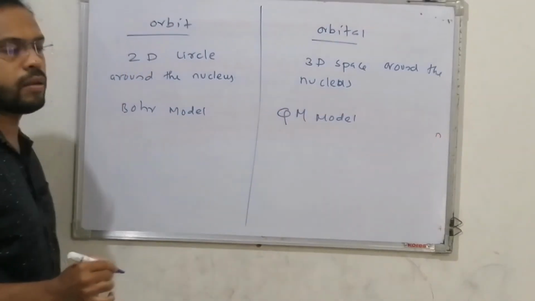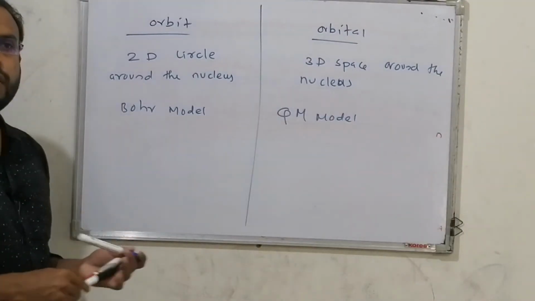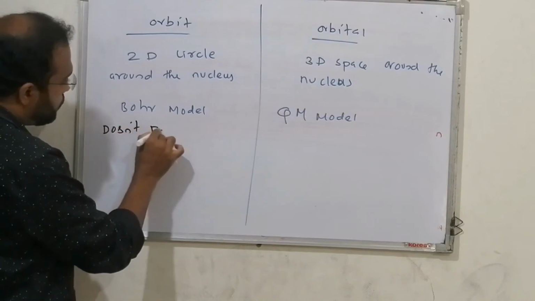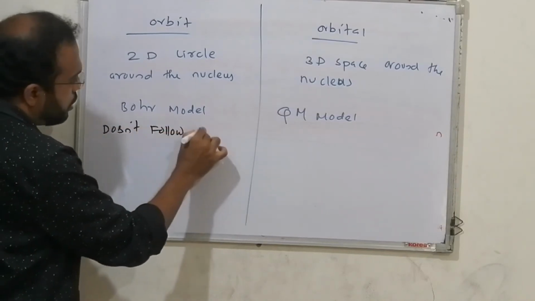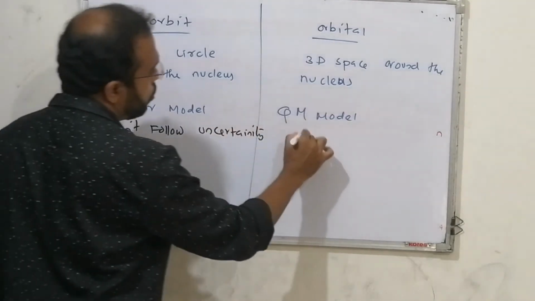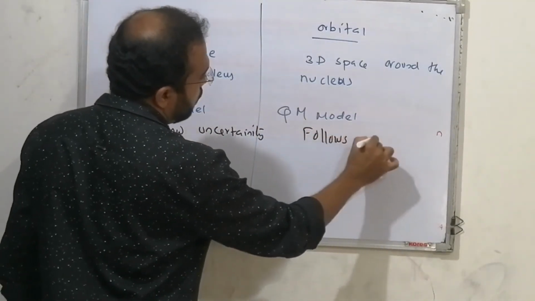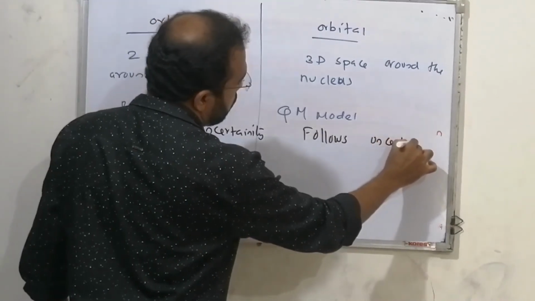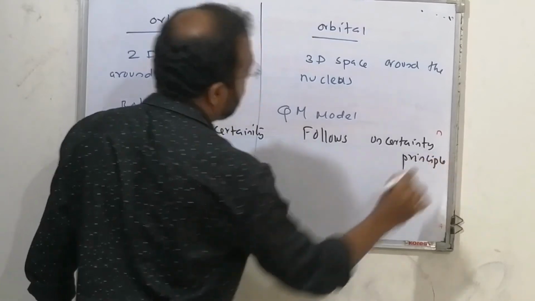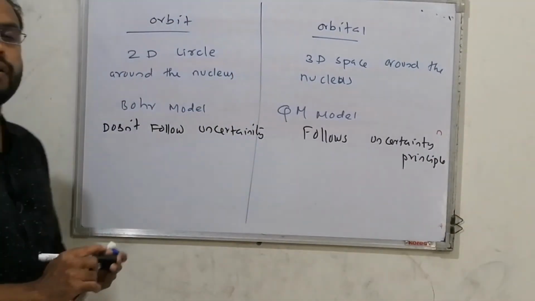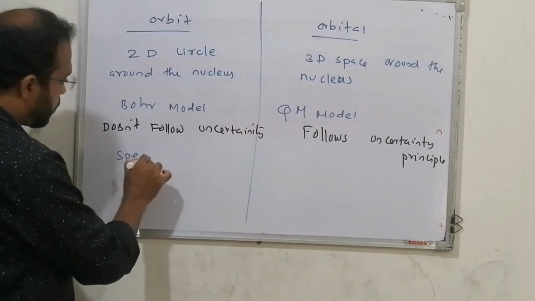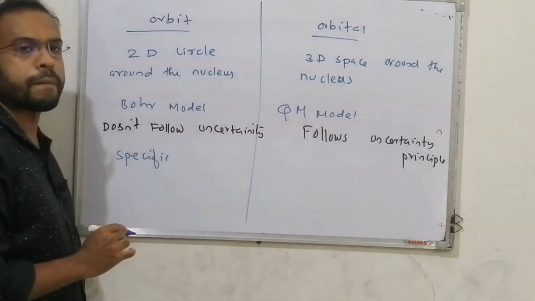Orbit doesn't follow the uncertainty principle. Orbital follows the uncertainty principle. Orbit is very specific and fixed.